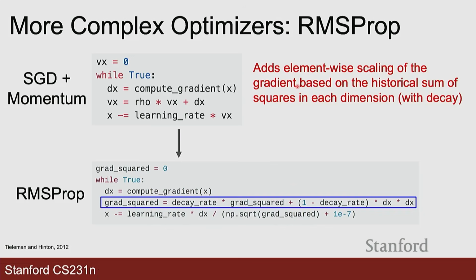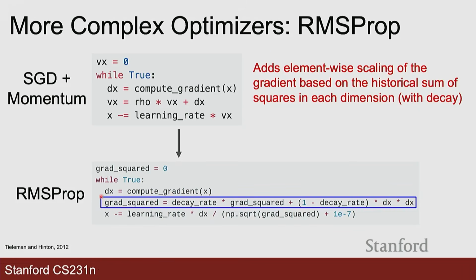How we do this is we have this gradient squared term. The decay rate here is very much like the momentum term we explained before, but now it's on the squared gradient. So we have a running average where we take the previous term, and then we do 1 minus the decay rate times the gradient squared. So this is a running average of our squared gradients.